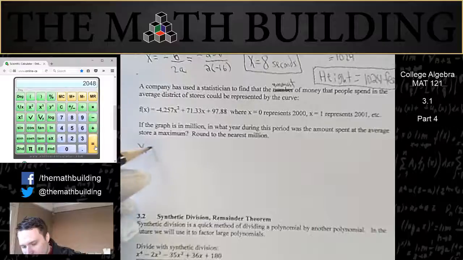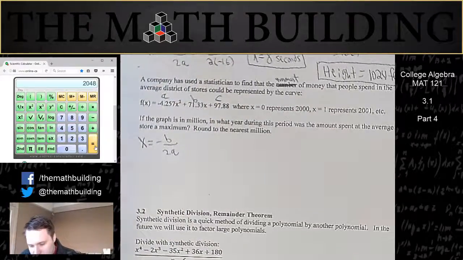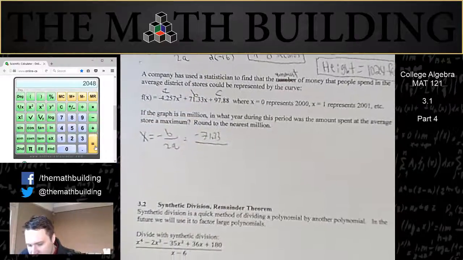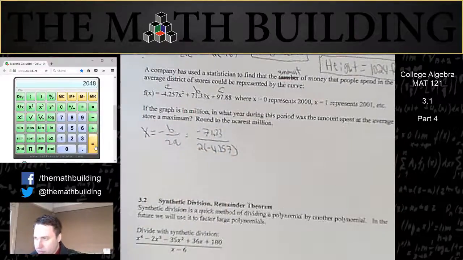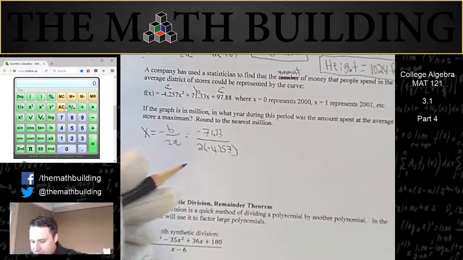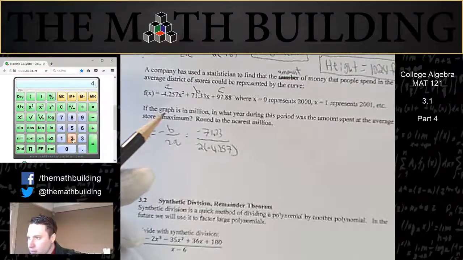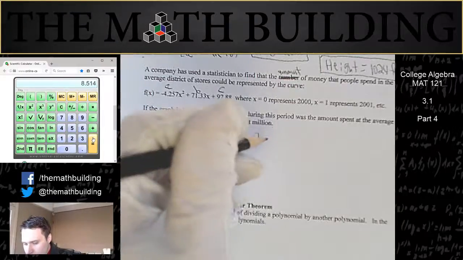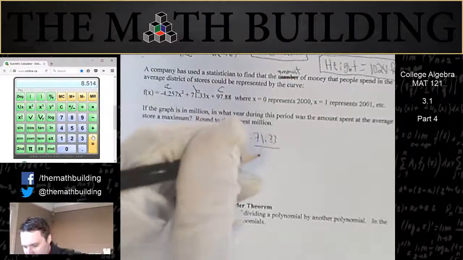So once again, that's just going to be x equals negative b divided by 2a. So this is a, this is b, this is c. So that's going to be negative 71.33 divided by 2 times negative 4.257. So let's calculate what that'll be. 2 times 4.257 is 8.514. So negative 71.33 divided by negative 8.514.